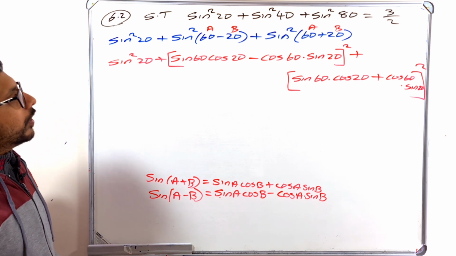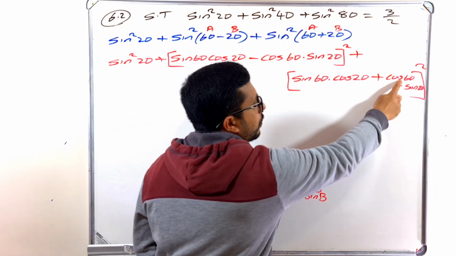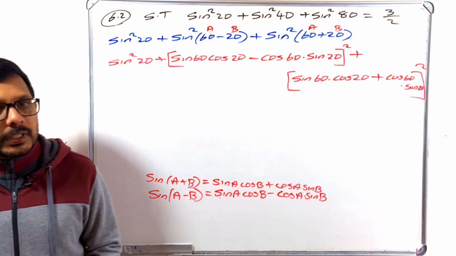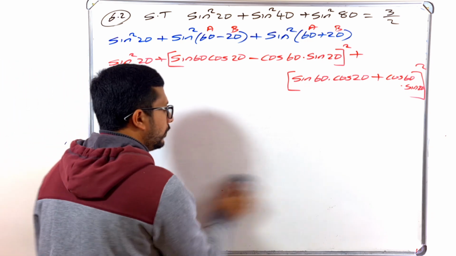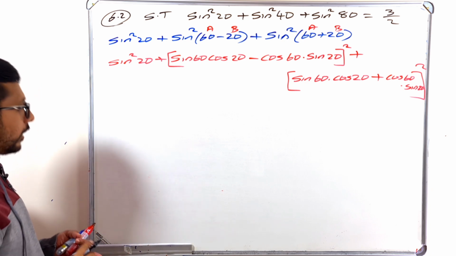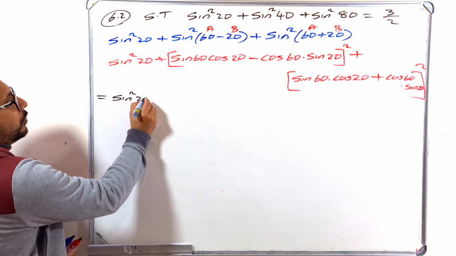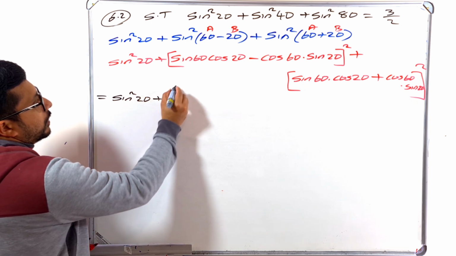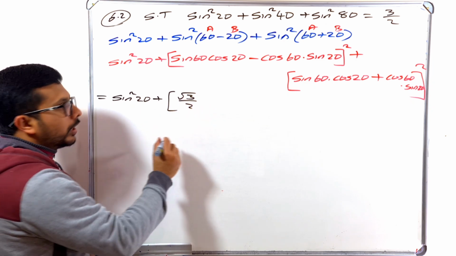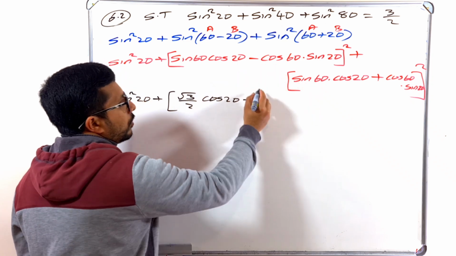Okay. So now we have to look at this. Sine 60 and cos 60 are special angles. So we have to substitute those special angles now. It's a lengthy step, it will take time. So this is sine square 20 plus, what is sine 60? Root 3 by 2, then cos 20 minus cos 60.